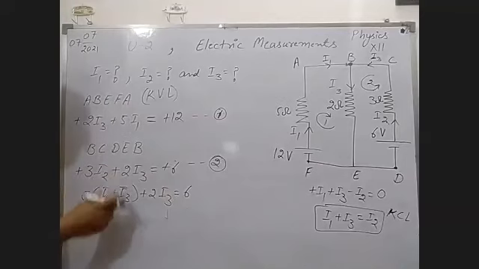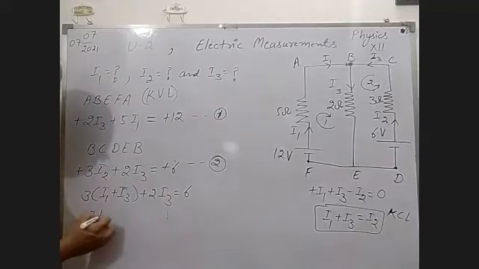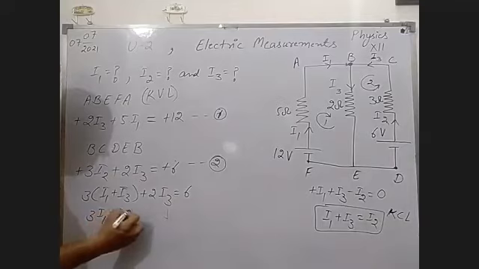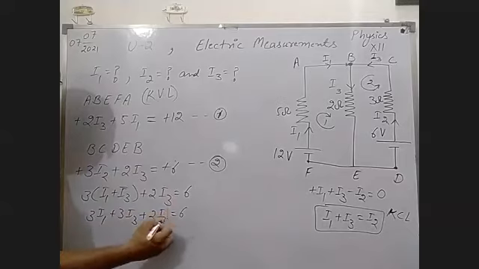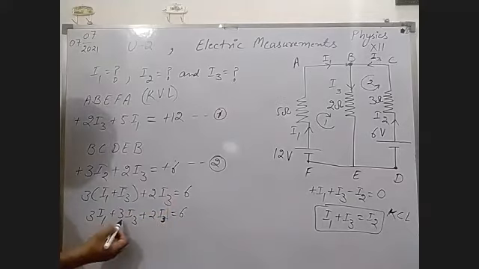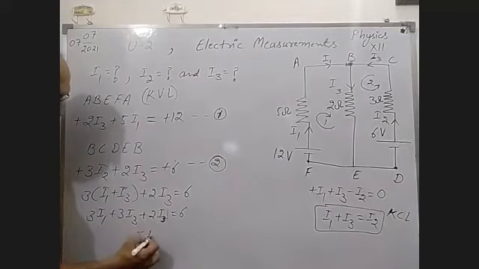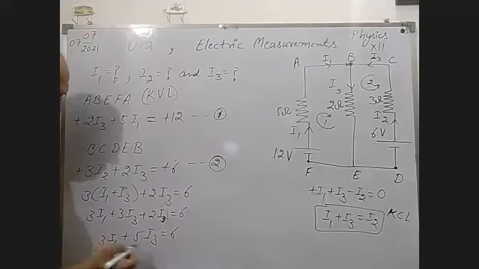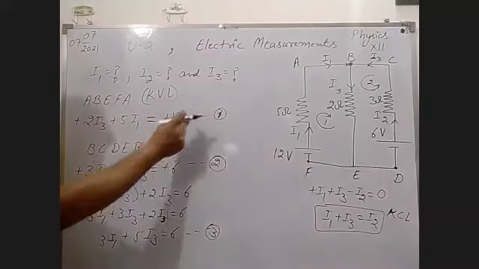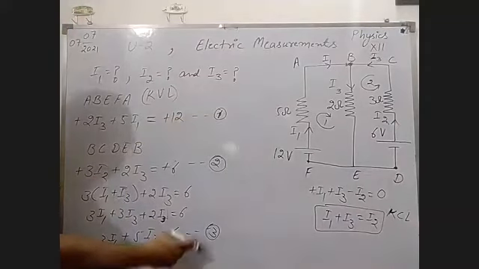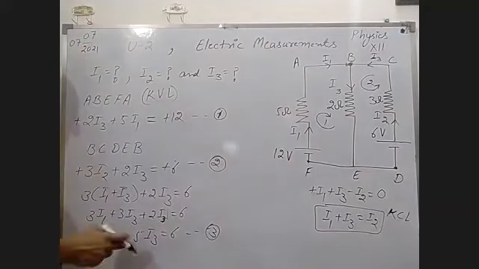Now 3 I1 plus 3 I3 plus 2 I3 is equal to 6. Now 3 I3, 2 I3, 5 I3 is equal to 6 minus 3 I1. Now this is equation number 3. Now from 1 and 3, we can get I1, I3 value.